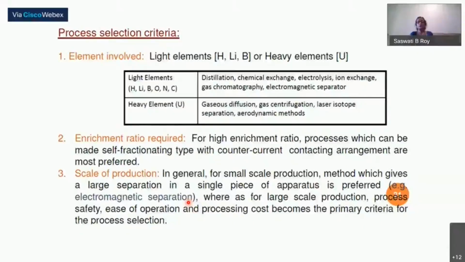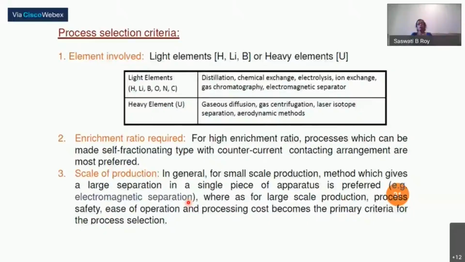So based on all these processes, we can see that distillation and chemical exchange cannot be used for the heavy elements, though they are energy efficient, and other processes can be used for heavy elements. It depends again on the enrichment ratio also.